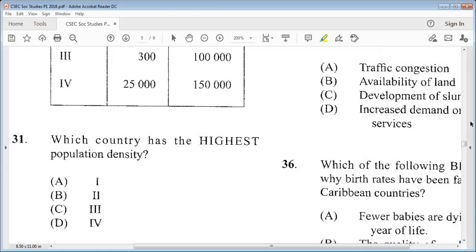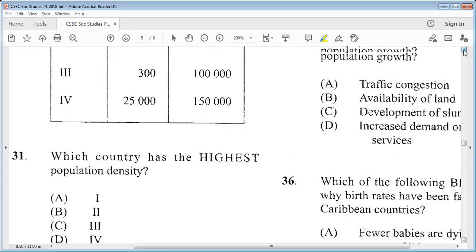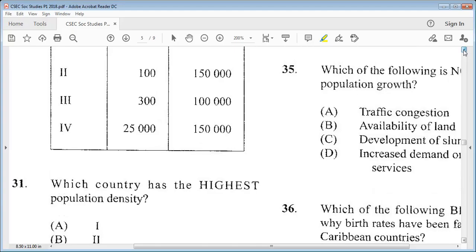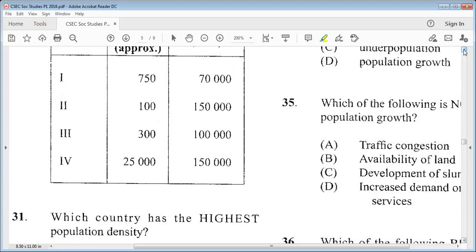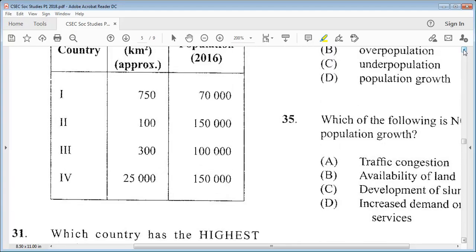So let's look at country 1. Total population divided by area in square kilometers. The population is 70,000, so 70,000 divided by 750. When we do that, we get 93.33. Let's look at country 2. Our population is 150,000. So we divide 150,000 by 100, and that gives us 1,500.